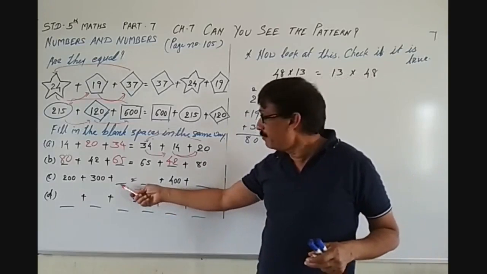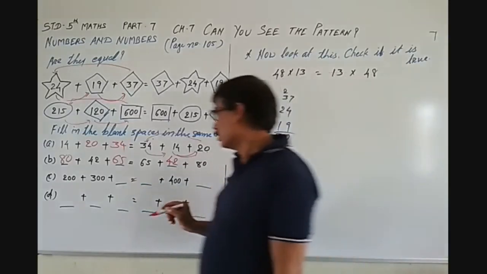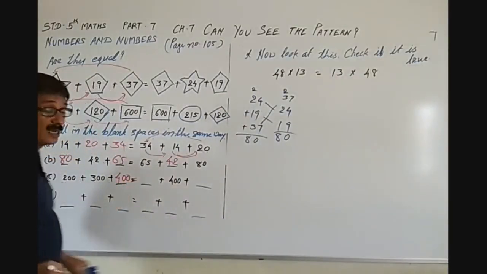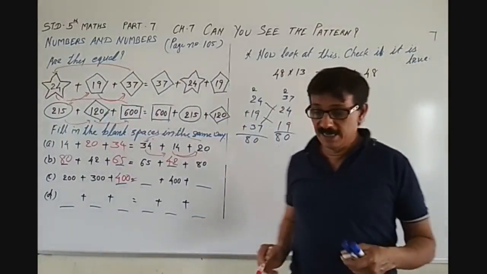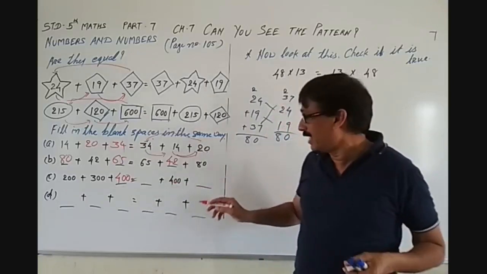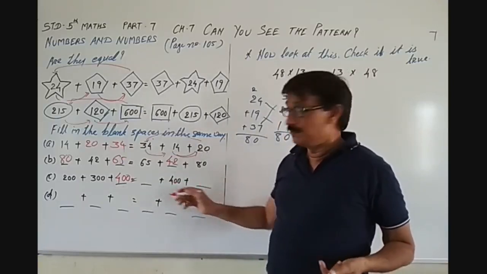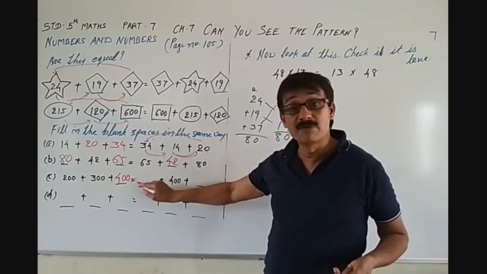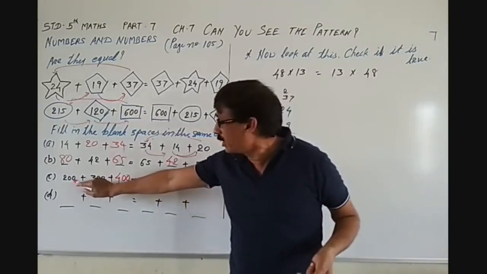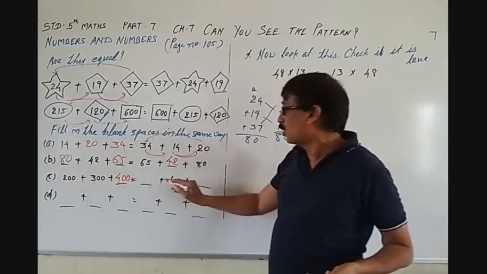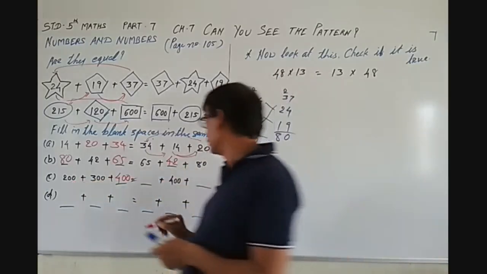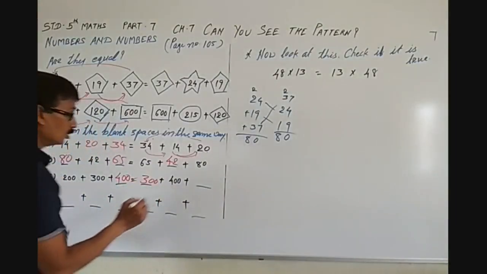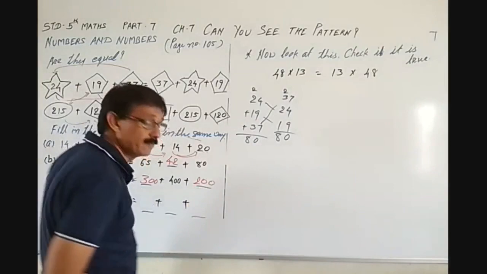So let me write 400 over here. Now on this side, if the total is the same, then naturally these 2 numbers only will be there because the total is equal. So let me write, see, 200 is on the first place, so I will write 300 on the first place and 200 over here.